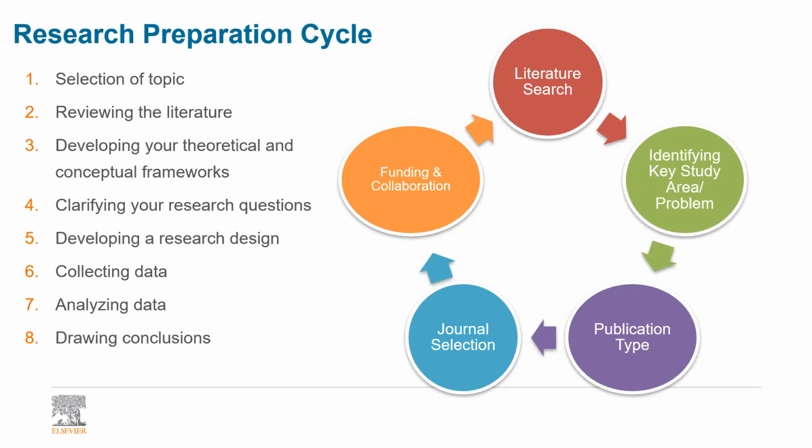Then, based on the information you collect from all the platforms related to that topic, you develop your theoretical framework. And after getting all of this information, you extract the research questions.